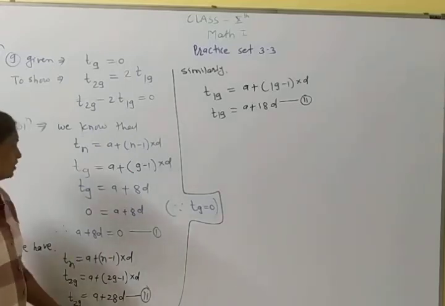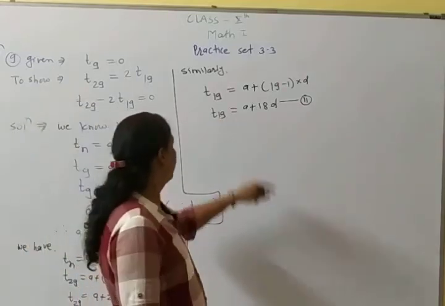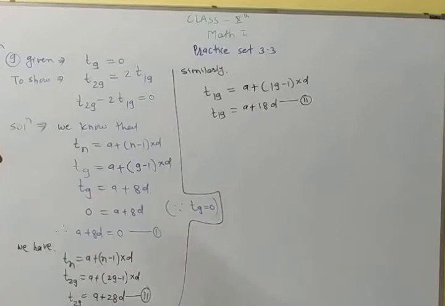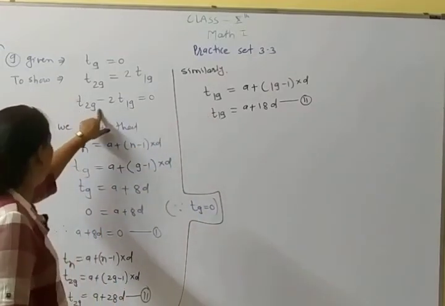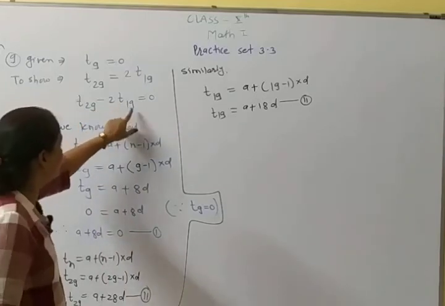T29 equal to A plus 28D and T19 equal to A plus 18D. Put both the values in T29 minus 2T19.